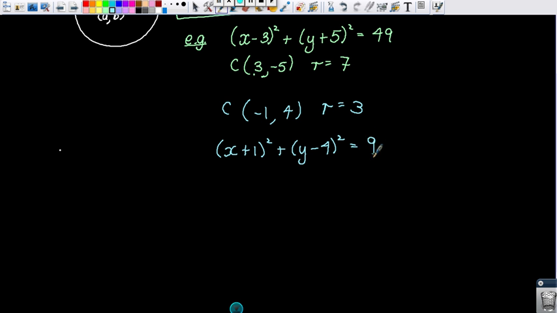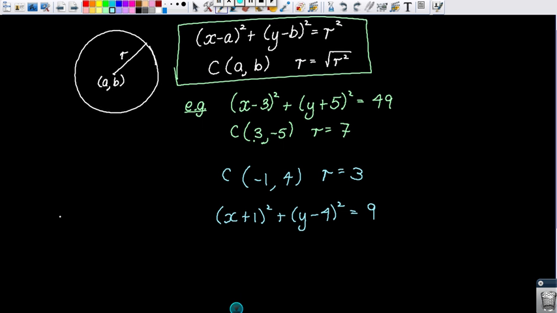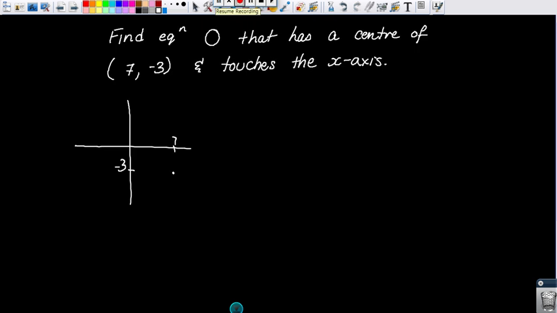Bang, done. And I would leave it like that unless it said put it in expanded form. Leave it. Don't do more than what you are needed to. So, straightforward. Bang, following that theorem, that rule, the general form of a circle. It doesn't get much easier than that.